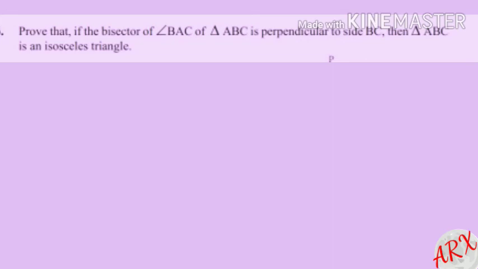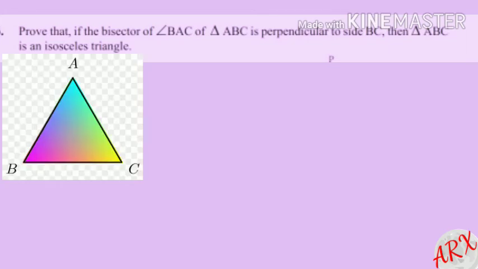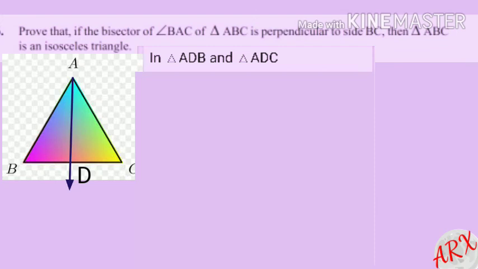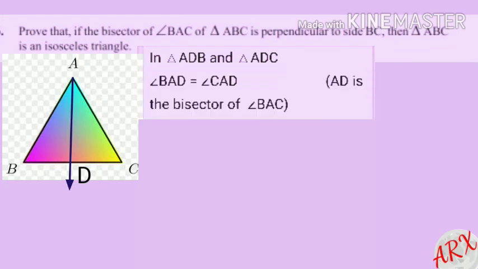Prove that if the bisector of angle BAC of triangle ABC is perpendicular to side BC, then triangle ABC is an isosceles triangle. Let ray AD be the angle bisector of angle BAC in triangle ABC. Now in triangle ADB and triangle ADC, angle BAD equal to angle CAD as AD is the bisector of angle BAC.